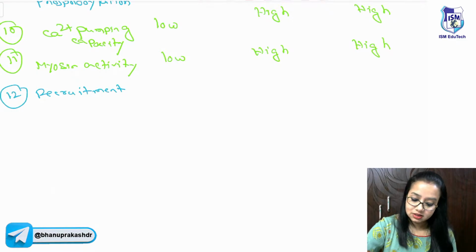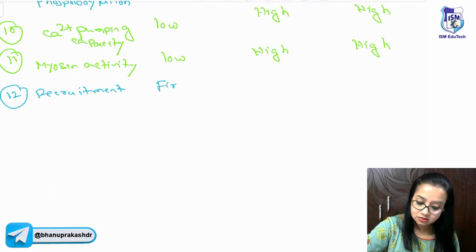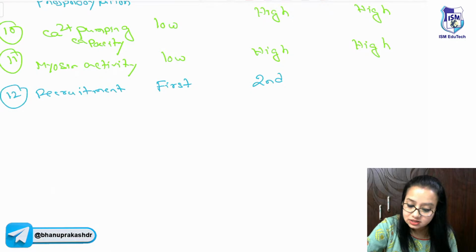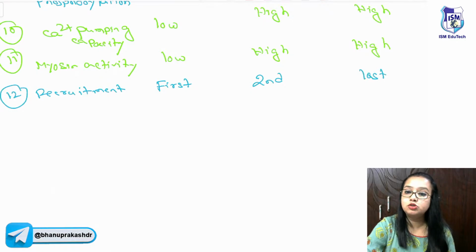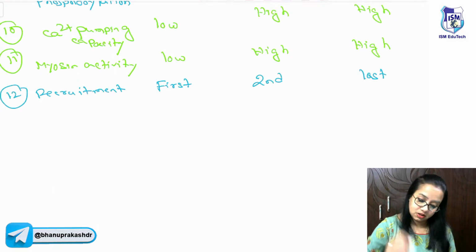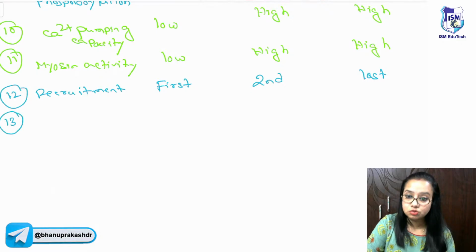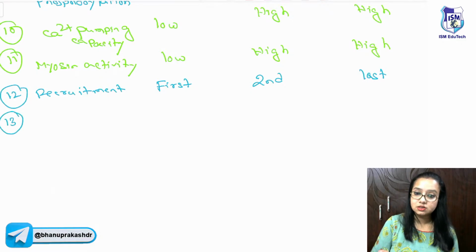Now, this slow type of muscle gets recruited first. Then, type 2a gets recruited next, and the last to get recruited is the type 2b. So type 1, type 2a, type 2b. Now, in what activity do we use these muscles?